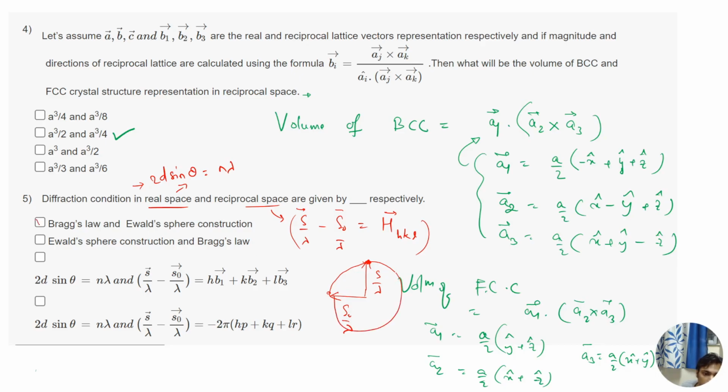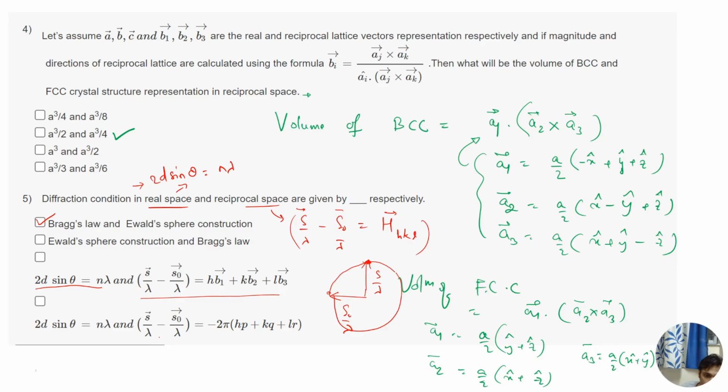So this is your correct answer, Bragg's law and Ewald's sphere construction. This is the mathematical form of Bragg's law, and this is the mathematical form of the Ewald sphere construction. Here h, k and l have to be integers, that has to be taken care of.